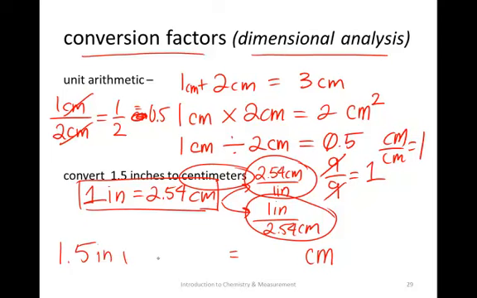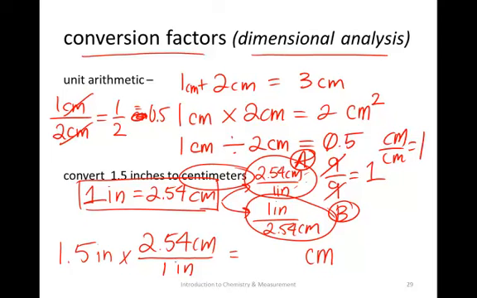So I'm going to multiply it by the conversion factor that will cancel out inches and produce centimeters. I've got two conversion factors, A or B. I'm going to use conversion factor A, because inches are on bottom, centimeters on top, and that will do what I need to happen: 2.54 centimeters over 1 inch.